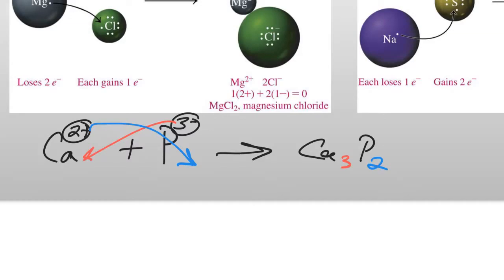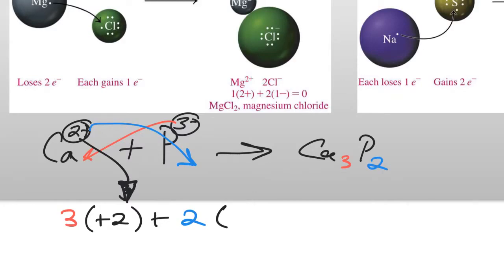Because 3 times 2 positives plus 2, here, let me fix this again. Let me write 3 in red times 2 positive, which I'll say is plus 2, plus 2 in blue times a 3 negative can be a -3 mathematically.